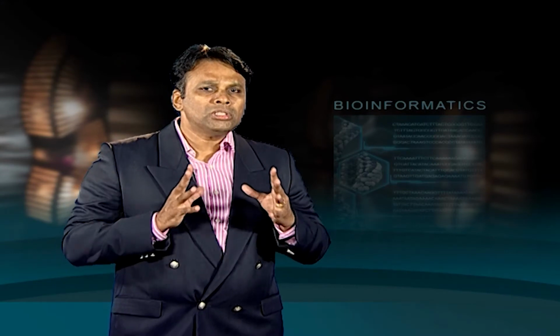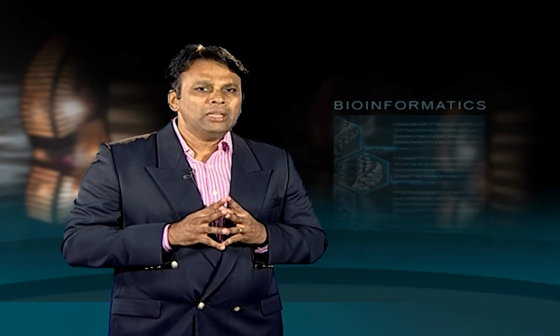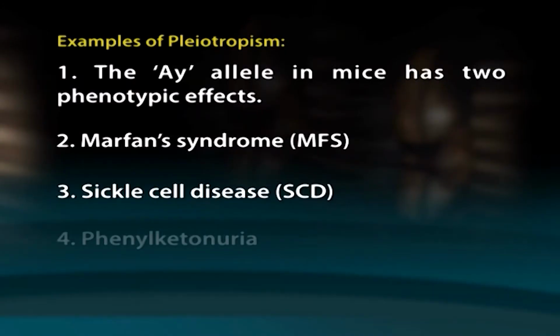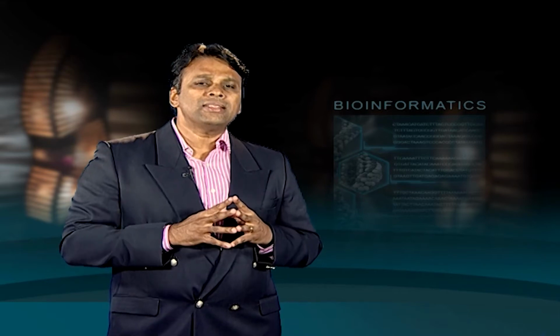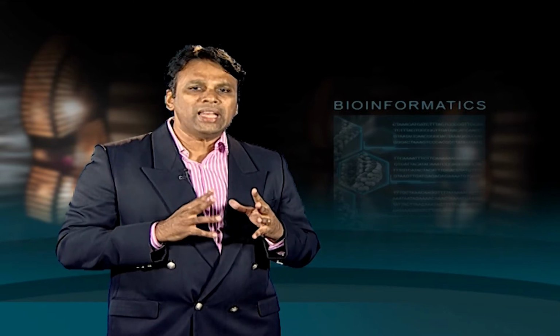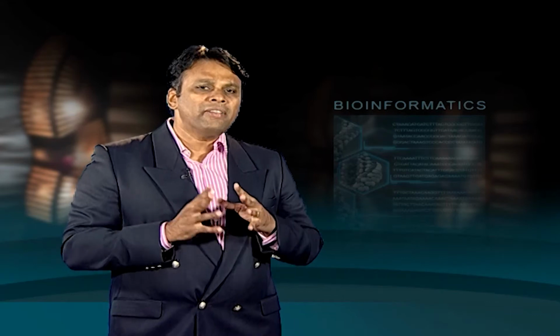A fourth example, one of the most important examples of pleiotropy in human beings, is phenylketonuria, an inborn metabolic disorder. In this, the homozygous recessive individual lacks the enzyme phenylalanine hydroxylase needed to change phenylalanine to tyrosine.